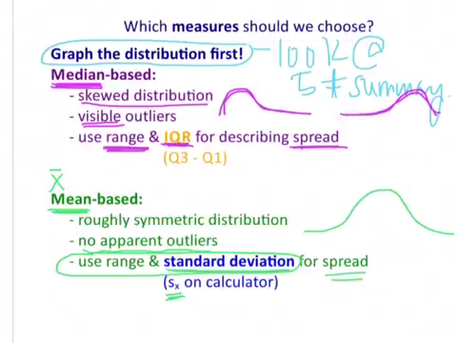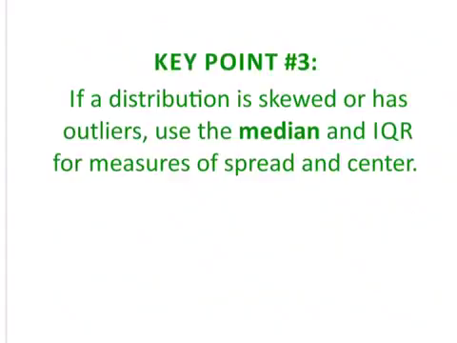So if you have a skewed distribution, use the median; roughly symmetric, use the mean, or X bar, and SX. So key point number 3, and this is what we just said: if a distribution is skewed or has outliers, use the median and IQR for measures of spread and center. If it's skewed, remember skewed looks like this or like this, you want to use the median.